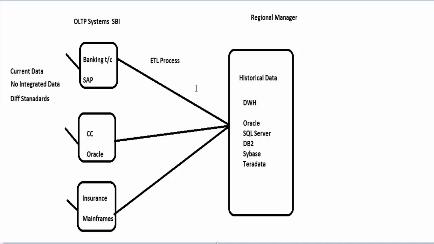On a day-to-day basis, we are going to insert all the transactions into this data warehouse. Since we have all the transactions over a period of time, the data that you have here is the historical data, and so large volumes of data are present, which will be useful for decision making.